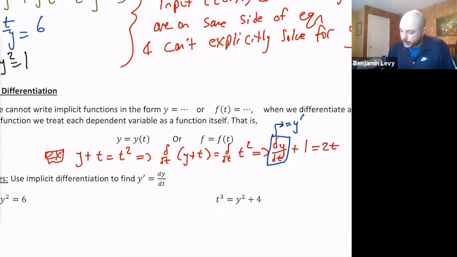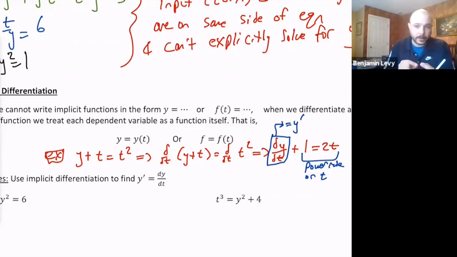The other two things were just power rules on t's, because we were doing d over dt. That's the general idea. When we differentiate the independent variable, we just use the rules. When we differentiate the dependent variable, we need to use this implicit differentiation idea.